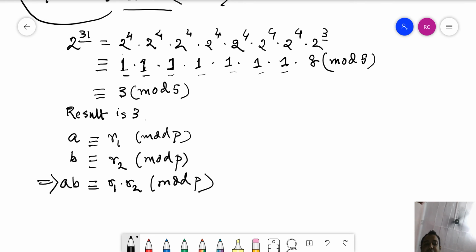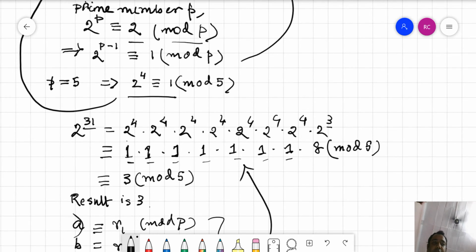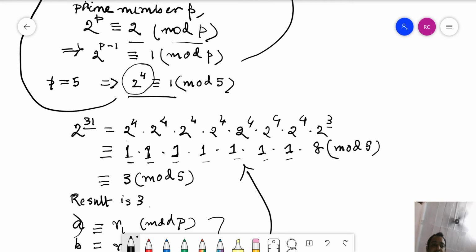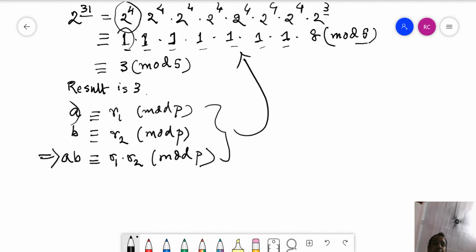We have basically used this over here, and since A out here is nothing but 2 to the power 4, every 2 to the power 4 would give us 1 when divided by 5. So that is basically what we have done.